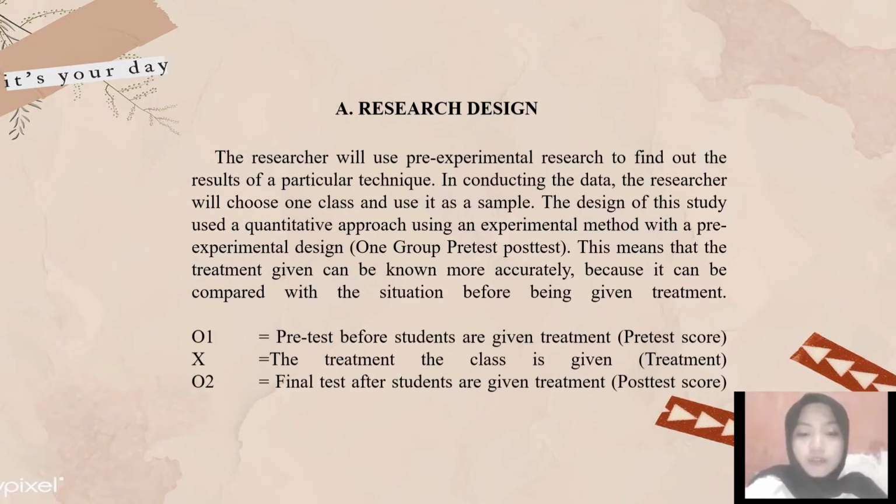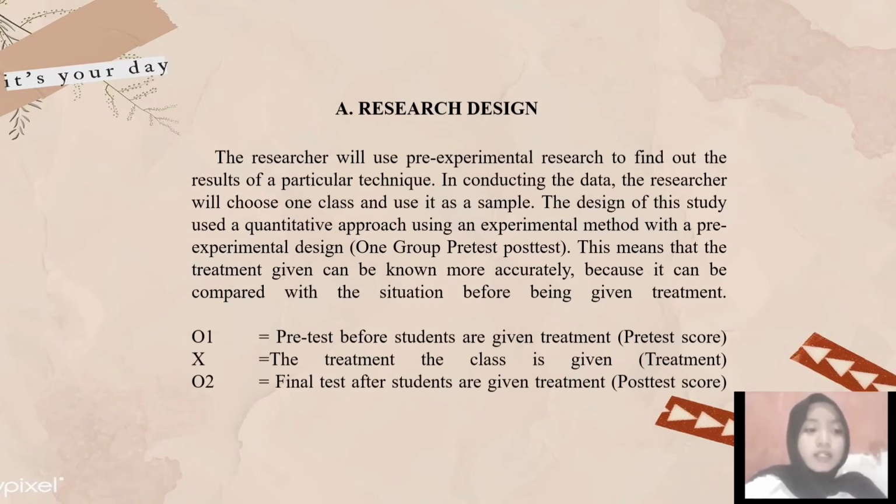And if the post-test is smaller than the pretest, it has a negative effect. This method is used because the researcher only gives treatment to one class, which means he does not use a control class or comparison class.